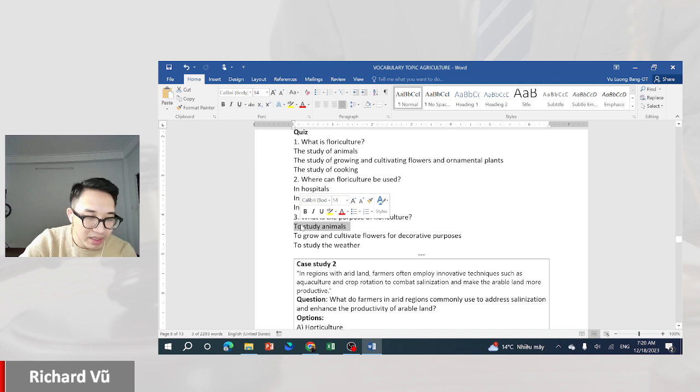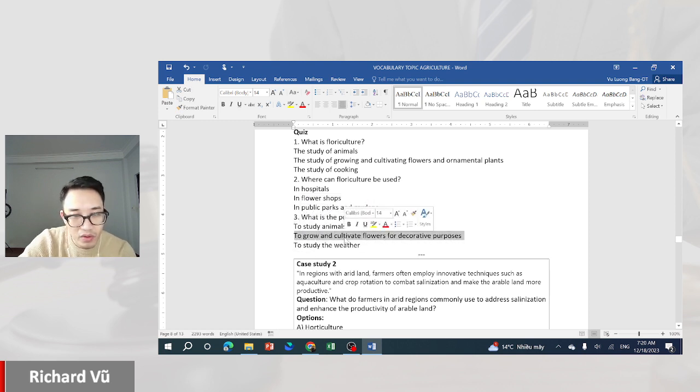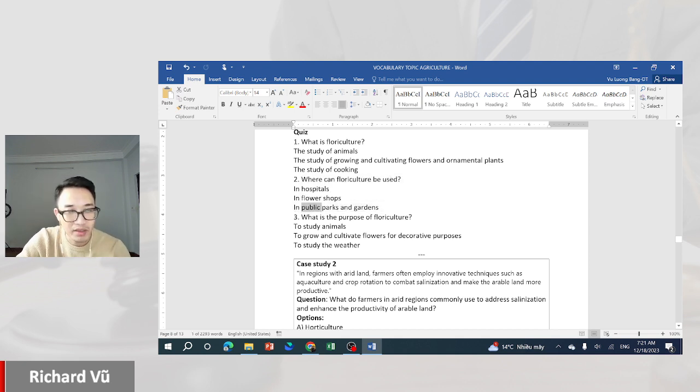So we don't refer to the study of animals or weather. We refer to public parks and gardens. Public parks and gardens is the correct answer here.